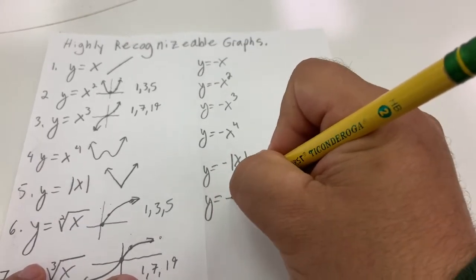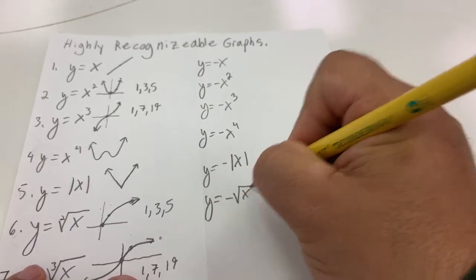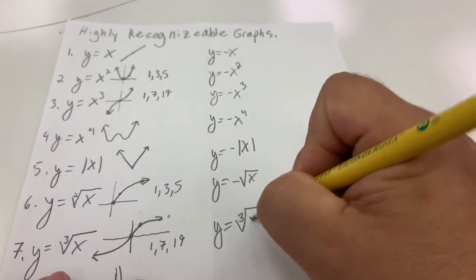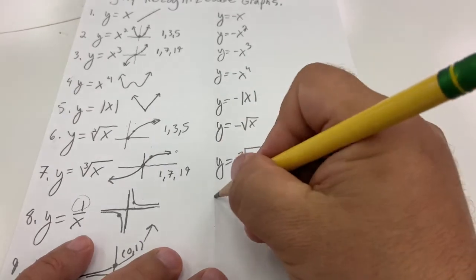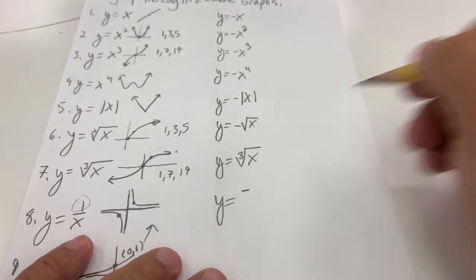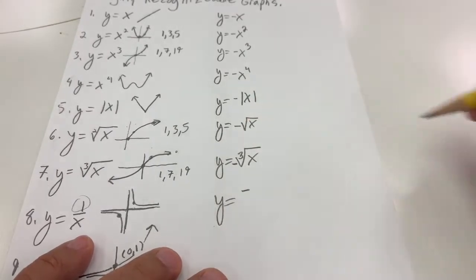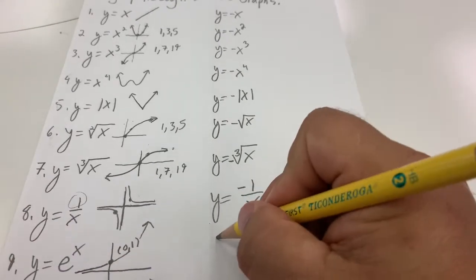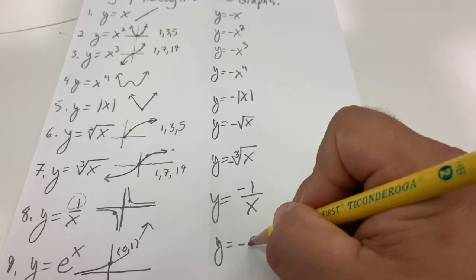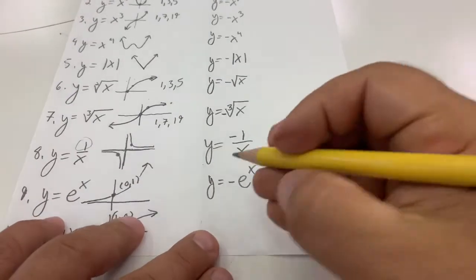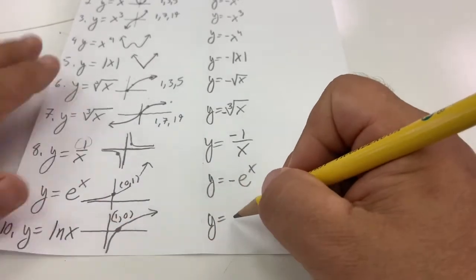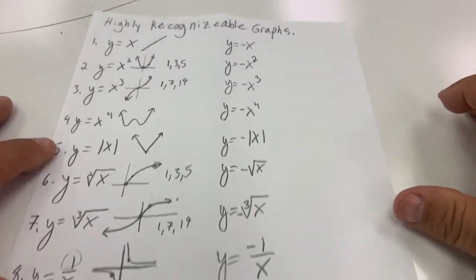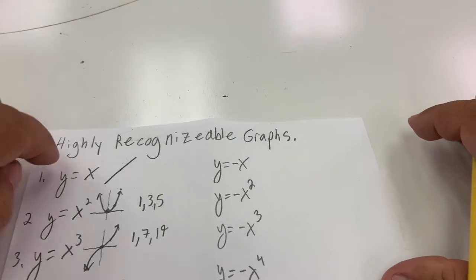Y equals negative the square root of x. Y equals the cube root of x. Y equals negative, forgot to put the negative in front of cube root. Negative 1 over x. Y equals negative e to the x. And y equals negative ln x. And all these are reflections over the x-axis of the original line.